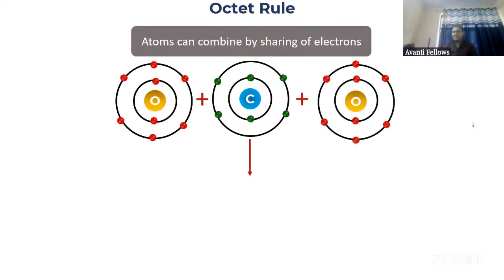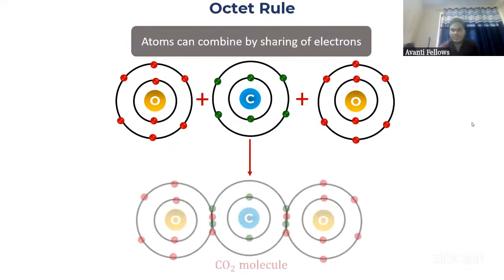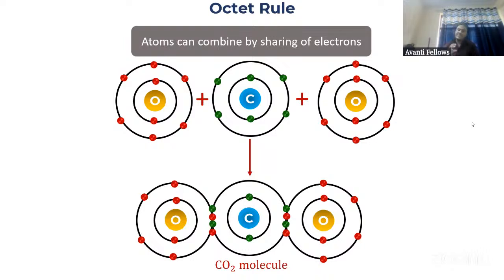So why do atoms combine? What is the octet rule? Atoms combine by sharing of electrons. Whenever atoms combine by sharing of electrons, they form a covalent bond. And whenever the bond is formed by the complete transfer of electrons, that is called an ionic bond.